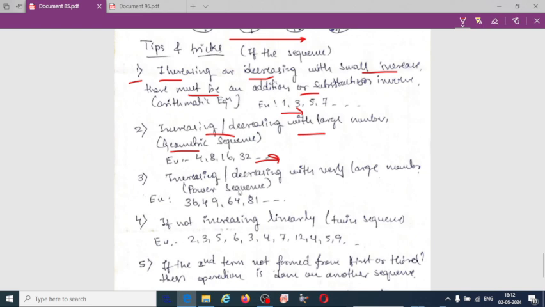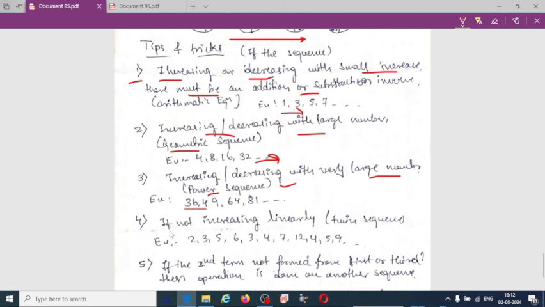The next one: if the sequence is increasing or decreasing with a very large number, then that would be a power sequence, because if you take the square of any number, that would be a large number. Then you can guess that as a power sequence. Here is the example: 36 is 6 to the power 2, 6 square is 36, 7 square is 49.